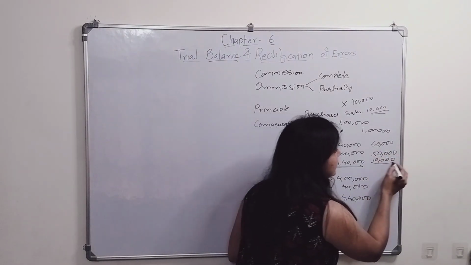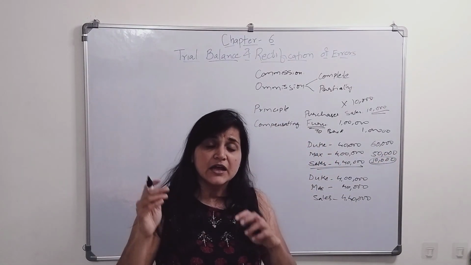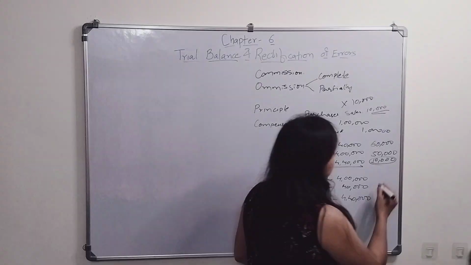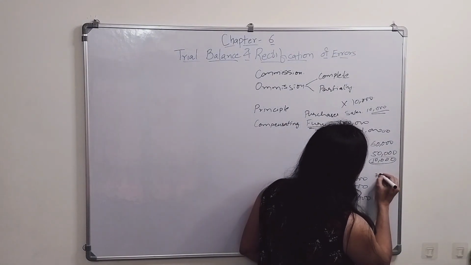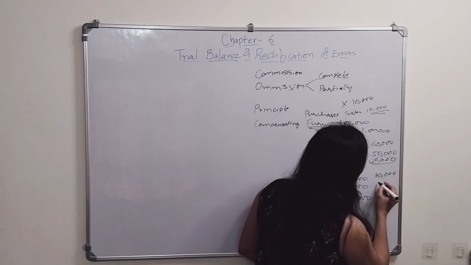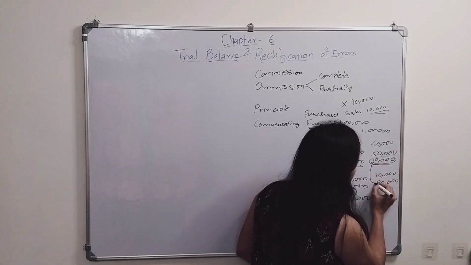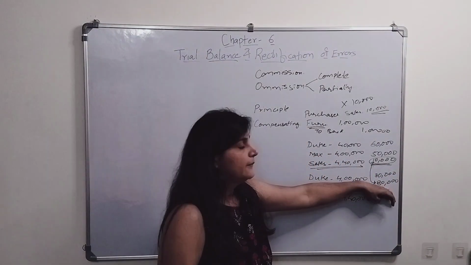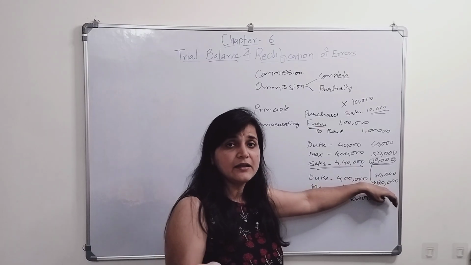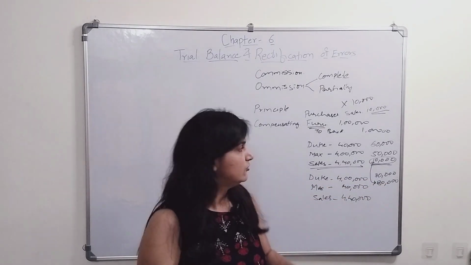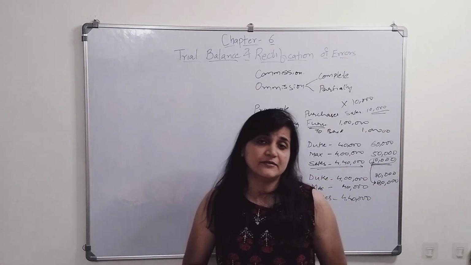But on the other hand, I have purchased a vehicle worth rupees 70,000 and I showed it as 80,000. So this 10,000 has been compensated by showing the vehicle at an increased amount of 10,000. So these could be the compensating errors.